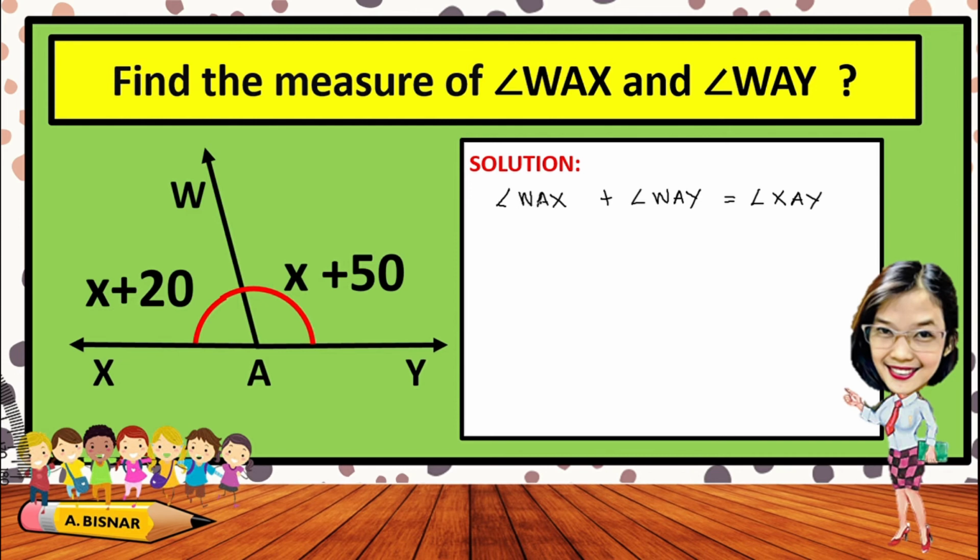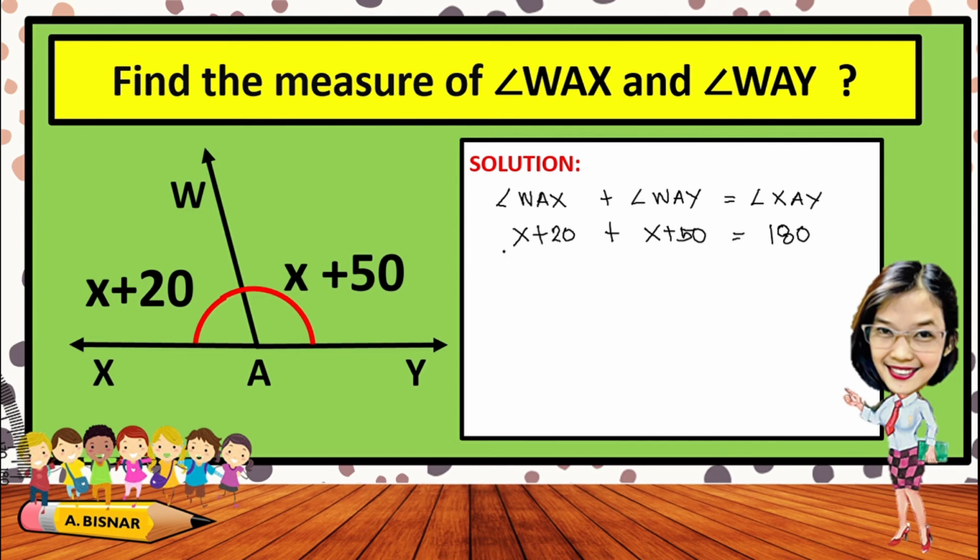The measure of angle WAX is x plus 20, while the measure of WAY is x plus 50. And as we all know, the measure of the straight angle is 180.